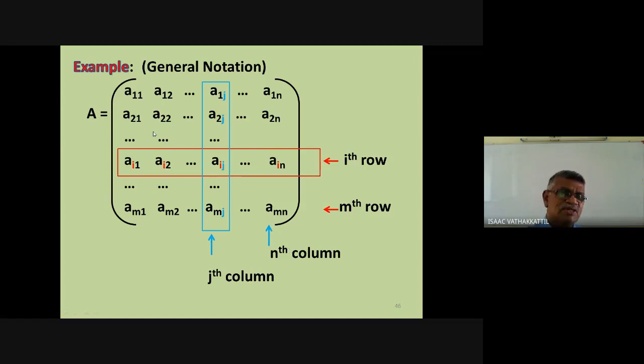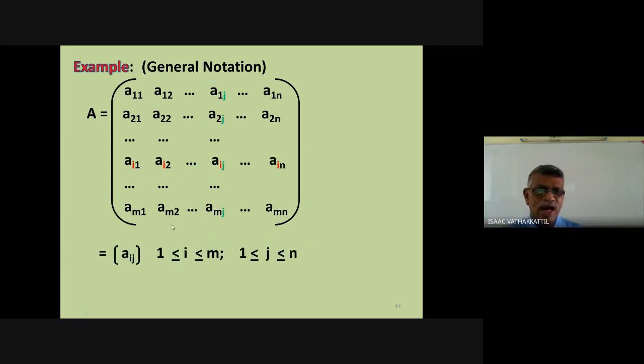In the suffix, the first letter denotes the position due to row, second suffix denotes its position due to column. Be careful, okay? I can even denote this in short, in a square bracket, Aij, where i, the first suffix, goes from 1 to m, j, the second suffix, goes from 1 to n.